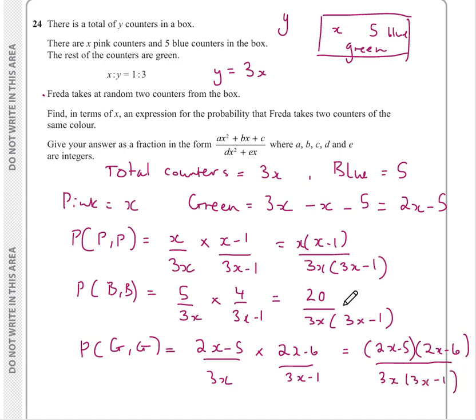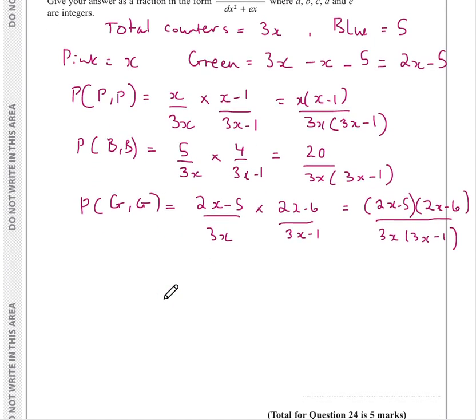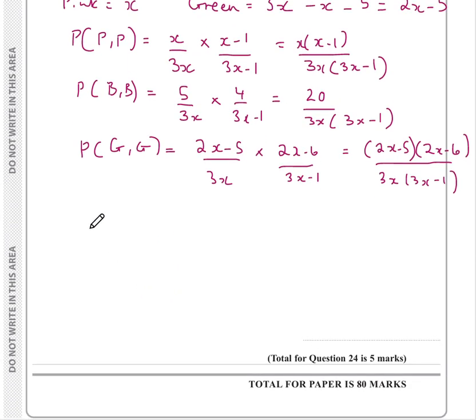Okay, so I want the probability of this or this or this, so I'm going to add them together. They have the same denominator, so that's a little bit easier, but I'm just going to have to tidy up the numerator. So I'm just going to scroll down so I have more space. Okay, so let's add these all together and write it over one denominator.